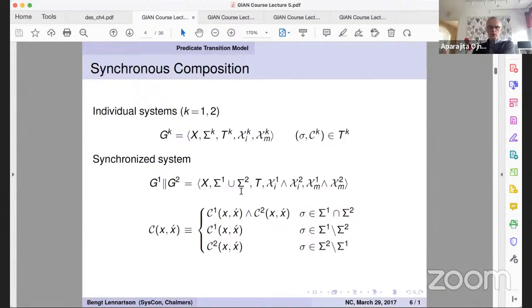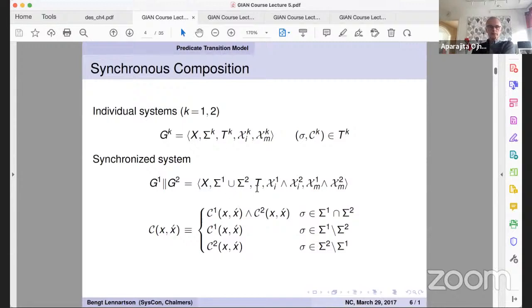You take the union of the events as in the ordinary synchronous composition, and then we assume a global set of state variables that are valid for all systems. So that means that the set of variables is the same for both G1 and G2 here.